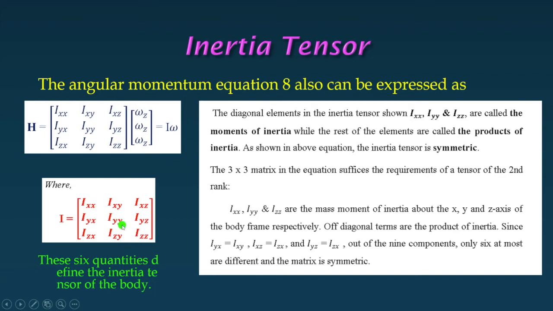So here three are mass moments of inertia, the diagonal quantities, and the rest 6 are the products of inertia. And the point to be noted is that in the product of inertia, Iyx and Ixy are equal, and similarly Ixz and Izx are equal. So out of all these 9 quantities, finally we can write these as 6 quantities in the tensor.